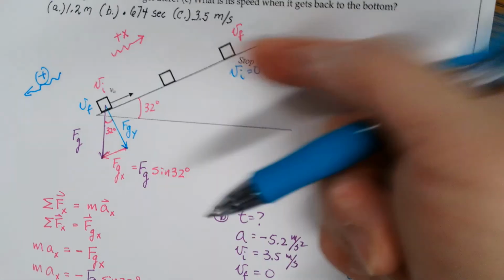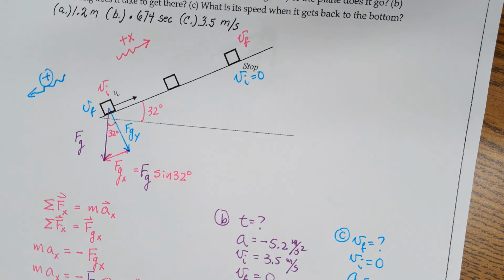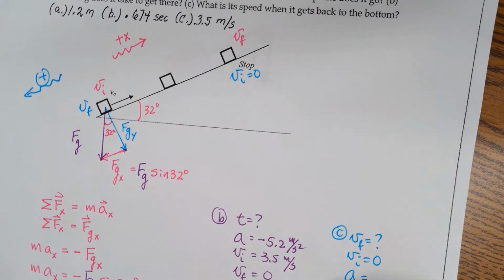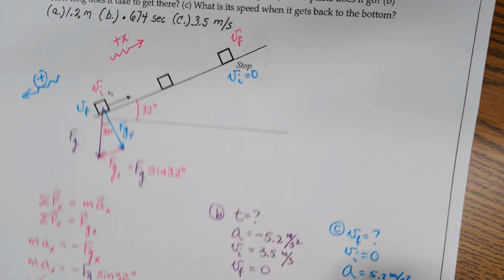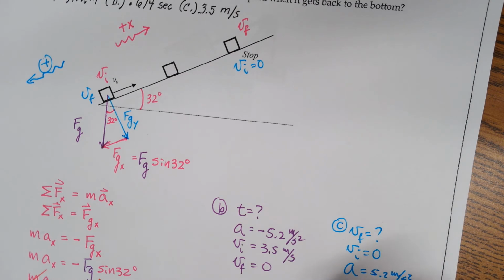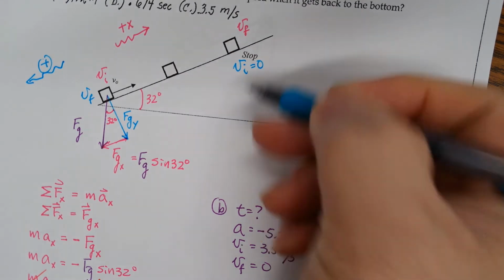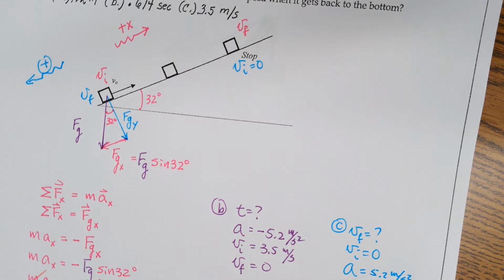So we're going to consider this direction to be positive on the way down. So the acceleration is actually going to be positive 5.2 meters per second squared in this case. Are we okay with that? Okay. And we also know the delta x because we calculated it. The distance that it's going to travel is 1.2 meters.